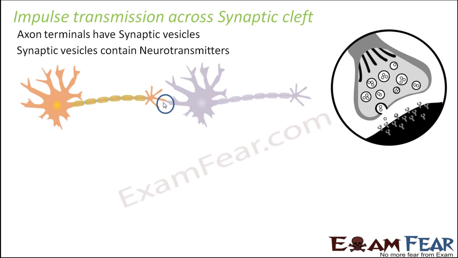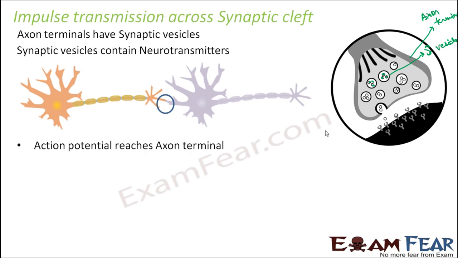If you magnify it, you will see the axon terminal of one neuron. This swollen part of the axon terminal is often known as the synaptic knob. Inside the synaptic knob, you have vesicles like this which contain the neurotransmitters. These are the synaptic vesicles, and they contain the neurotransmitters, or the chemicals.